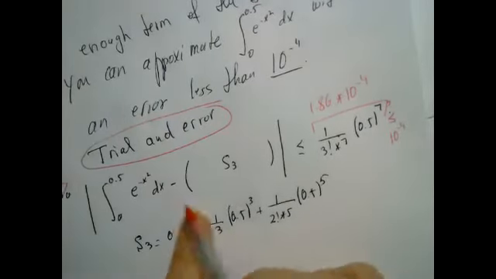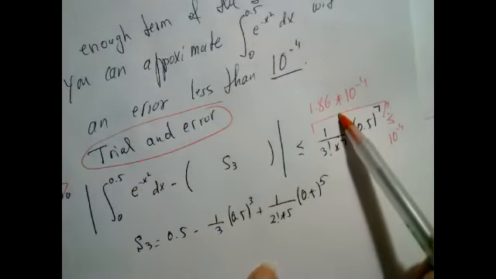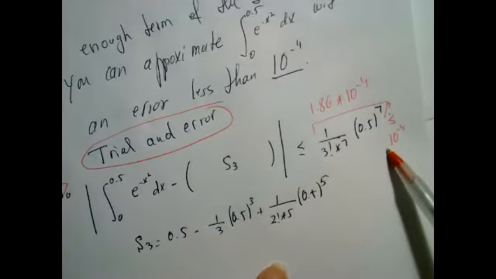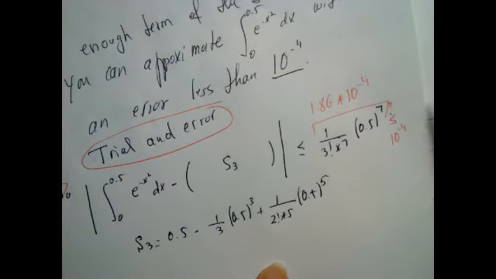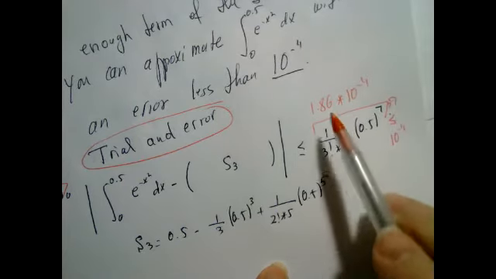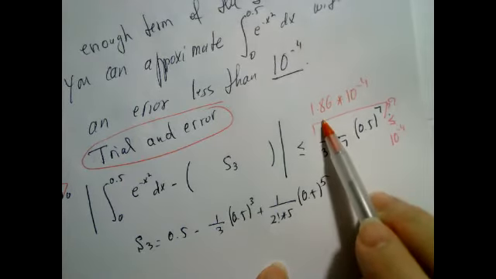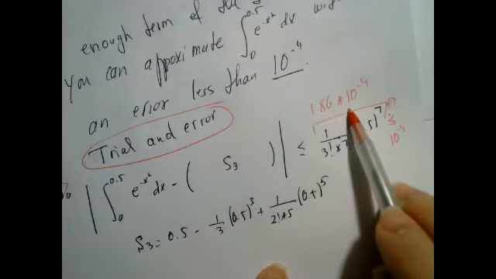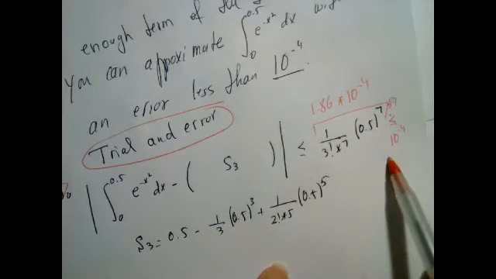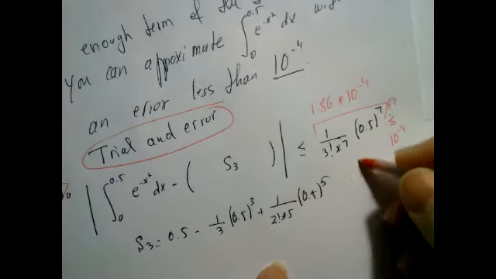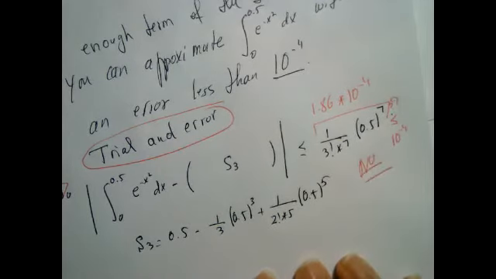It means if I use the first three terms, that's the maximum error. Is this less than 10 to the minus 4? No, because it's 1.86 times 10 to the minus 4. So it's not less than. That's what I mean by trial and error.